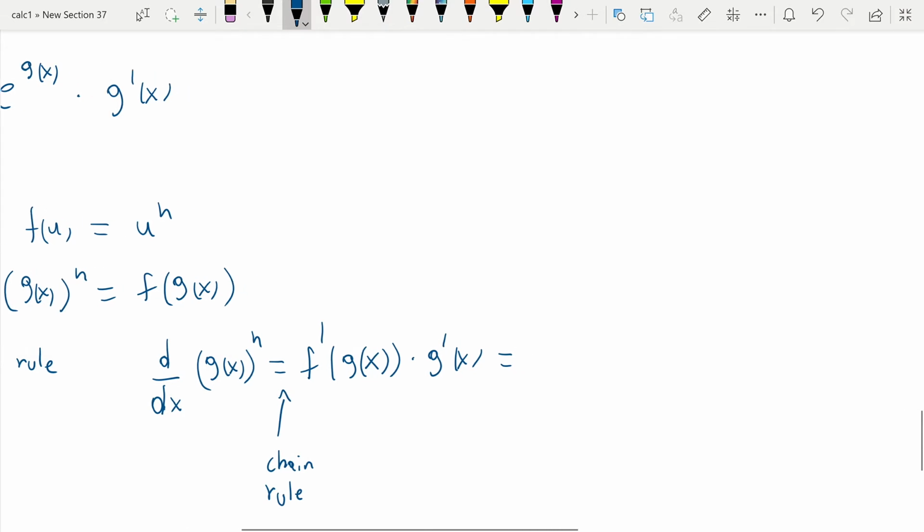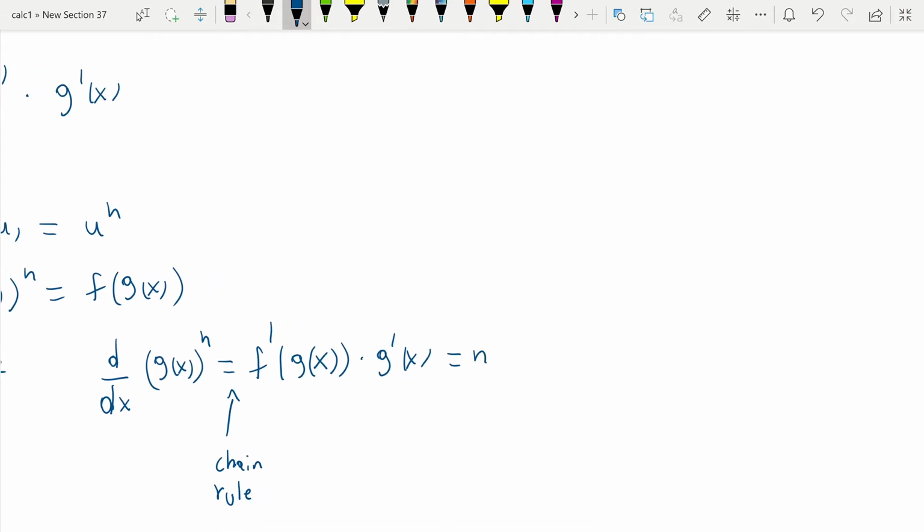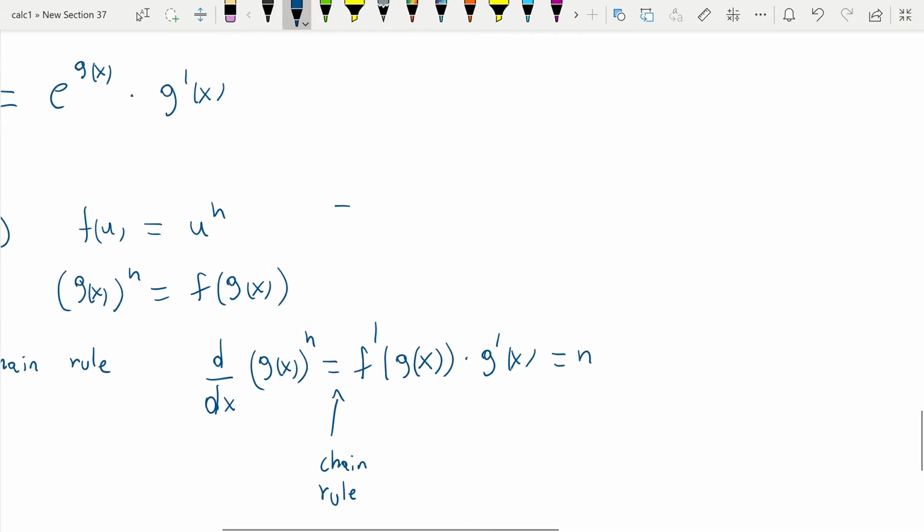And what's the derivative of f? Remember the power rule? It tells us that f prime is n times u to the n minus 1. So f prime here will be n times what's inside to the n minus 1.